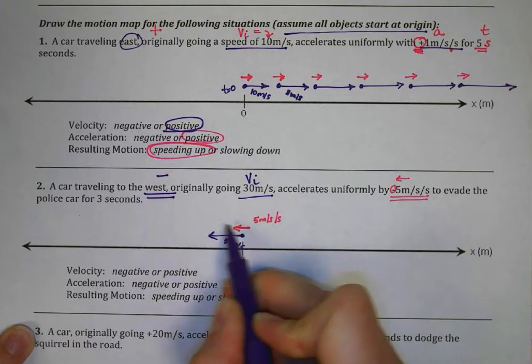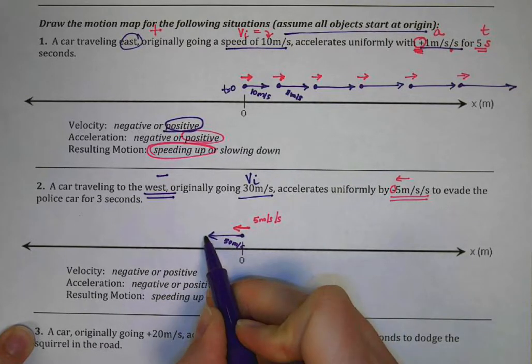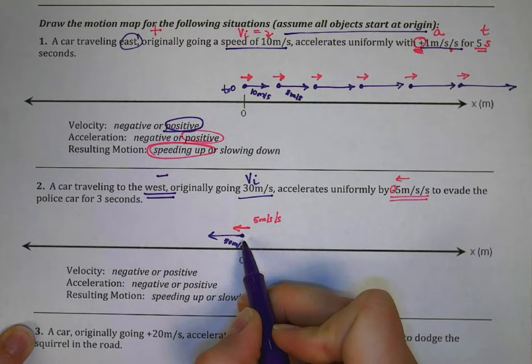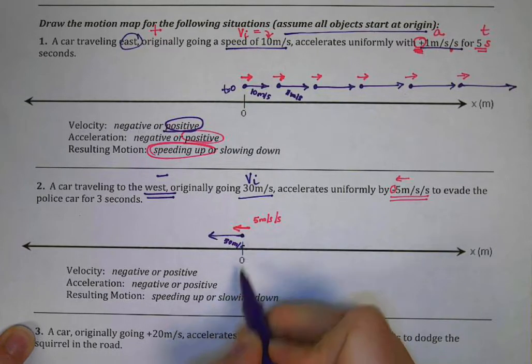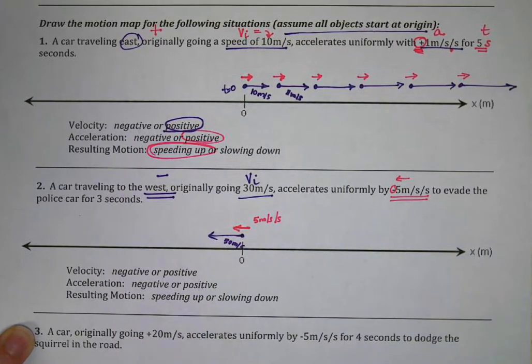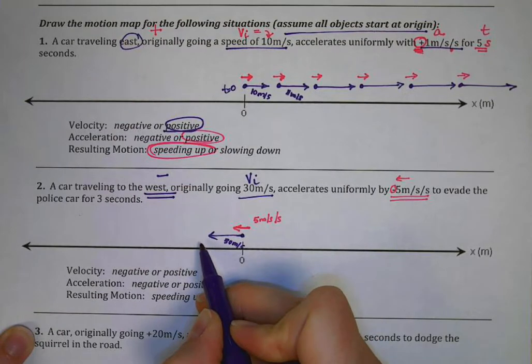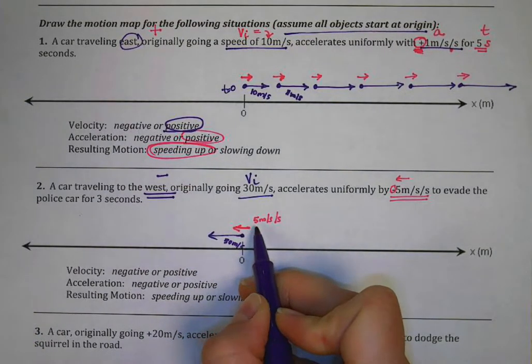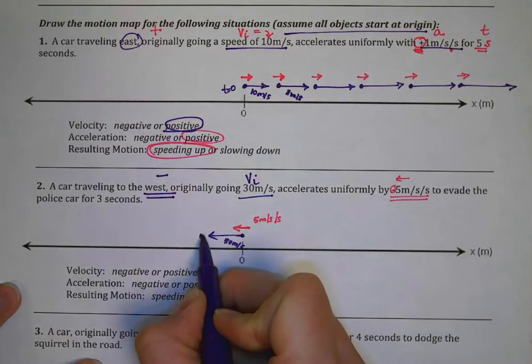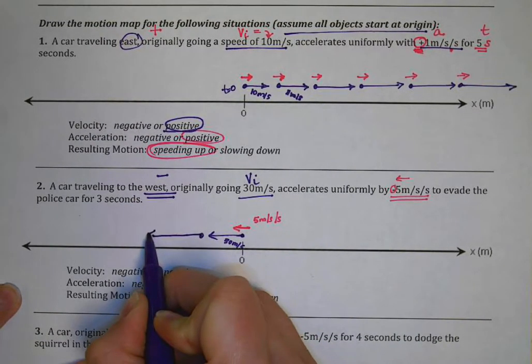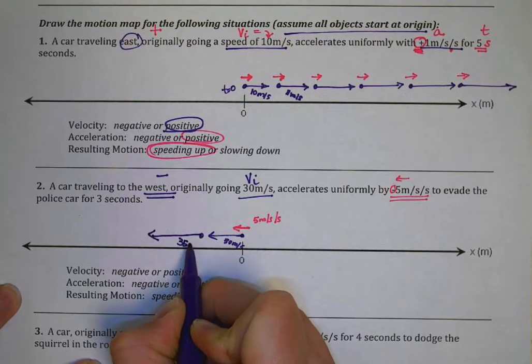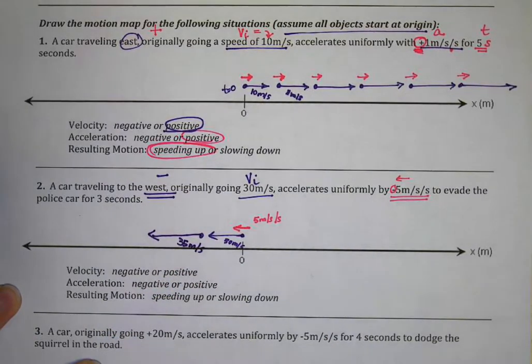Because it's in the same direction as my velocity, just like if you were to add two negative numbers together, the result would be a larger negative number. So 30 meters per second to the left, and changing at 5 meters per second to the left, gives us a value of 35 meters per second to the left.